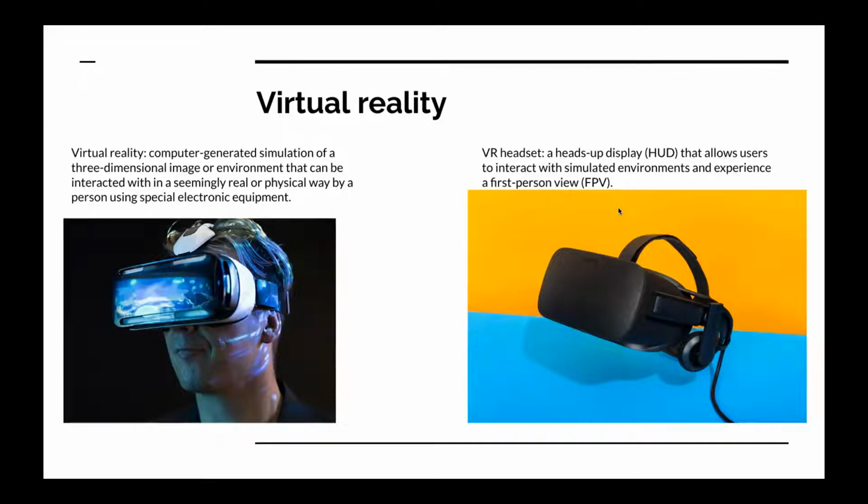You're in an environment that can be interacted with in a seemingly real or physical way by a person using special electronic equipment, which is a VR headset, a heads-up display or a HUD that allows users to interact with simulated environments and experiences in a first-person view, making it really realistic. Just as long as you don't get motion sickness easily.